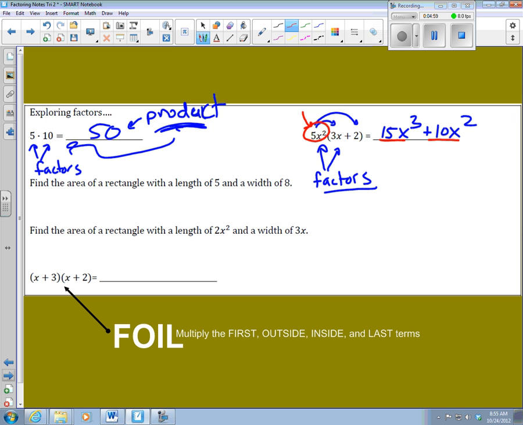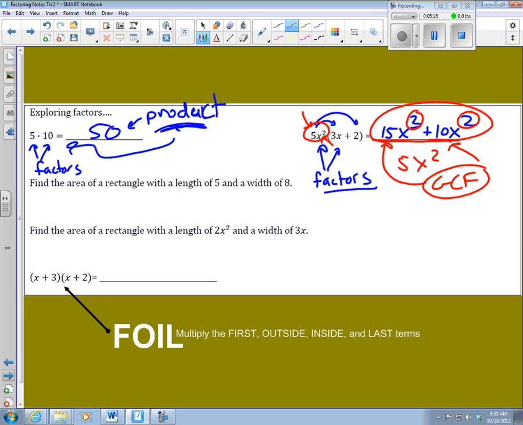This is the 5 right there. They both have an x, and you can pull out of these two terms the smallest x power common to both of them. So if I have an x cubed and x squared, the most I can take out is an x squared, and that's what we have right here. 5x squared is our GCF, greatest common factor of these two terms. So what you guys have been doing is simplifying quite a bit.